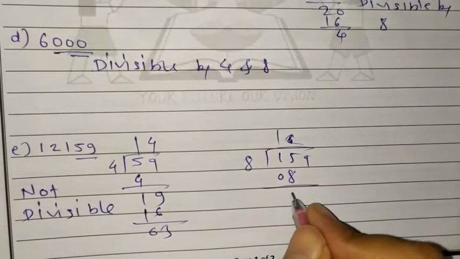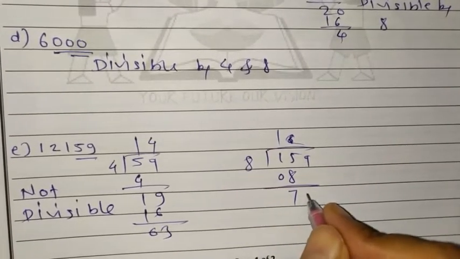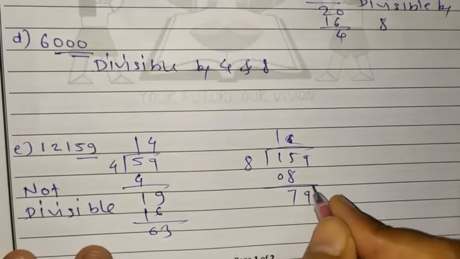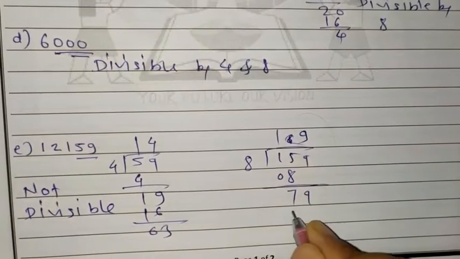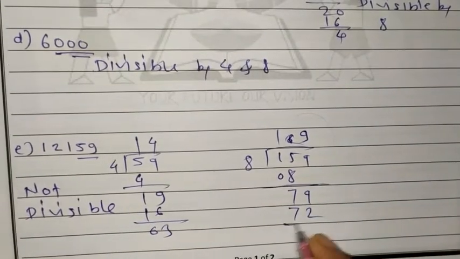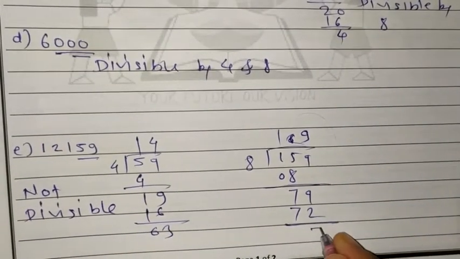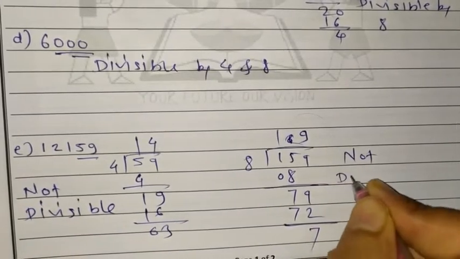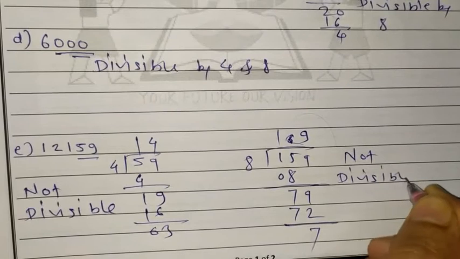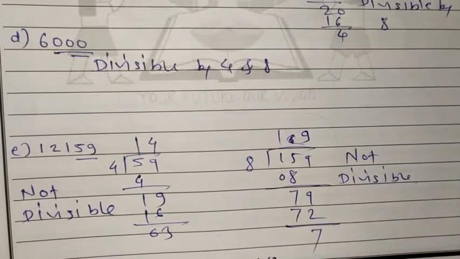Then the remainder will be 7. Take the 9 down. 8 9s are 72. Then you have to check the remainder, it is 7. So it means it is not divisible. It is also not divisible.